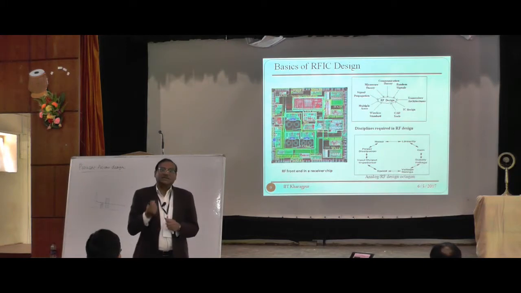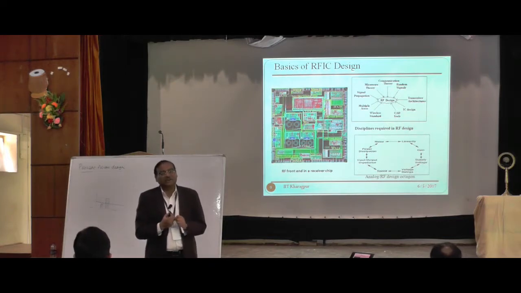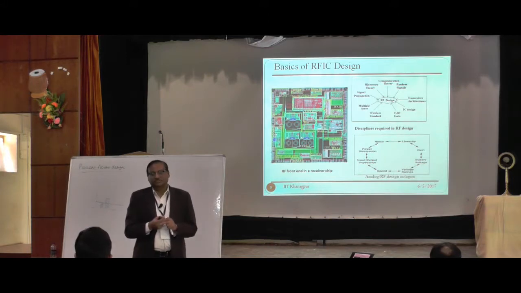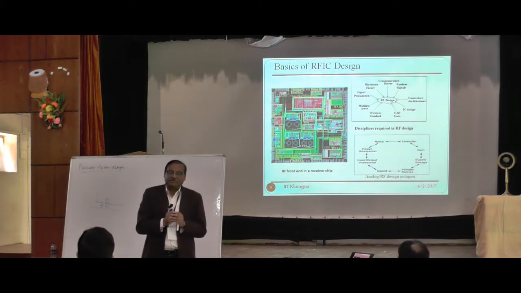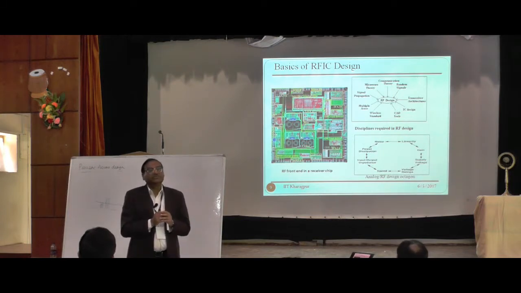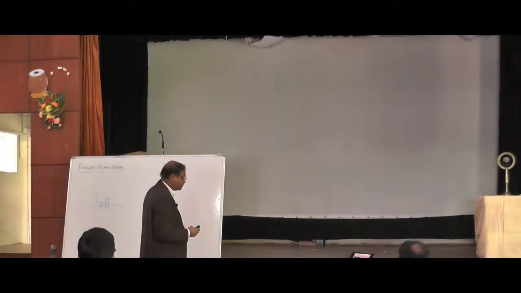You will find that not even 10% of the total area is covered by the active area, that is the transistors. 90% of the area is covered by inductors, capacitors, connectors, and so on. So that is the compactness of the form factor of the design. The challenge is now only towards the passives. Because for active regions, you know that the device is already in the nanometer range, so not a large area will be used.